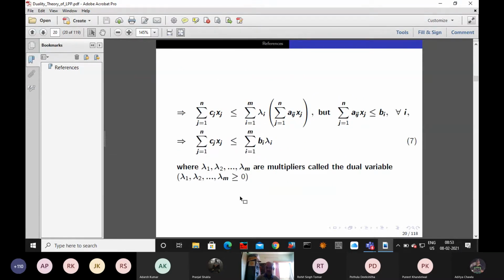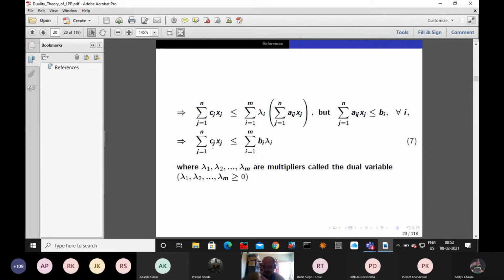Finally, as you know, the summation of cj xj is the objective function of the primal problem, and the summation of bi into lambda i, treating lambda i as yi, with i varying from 1 to m, is the objective function of the dual LPP. The left hand side is the objective function of the primal LPP.